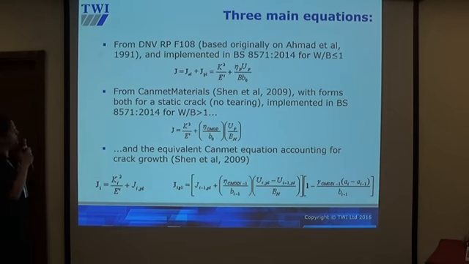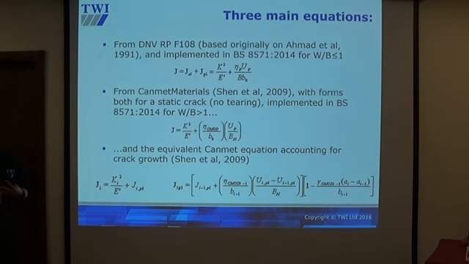We've used this one, which was originally based on work by Ahmad et al. from 1991, and we use that for the specimen dimensions, which are also used in DNV, so square up to over square, so W over B ratio less than or equal to 1.